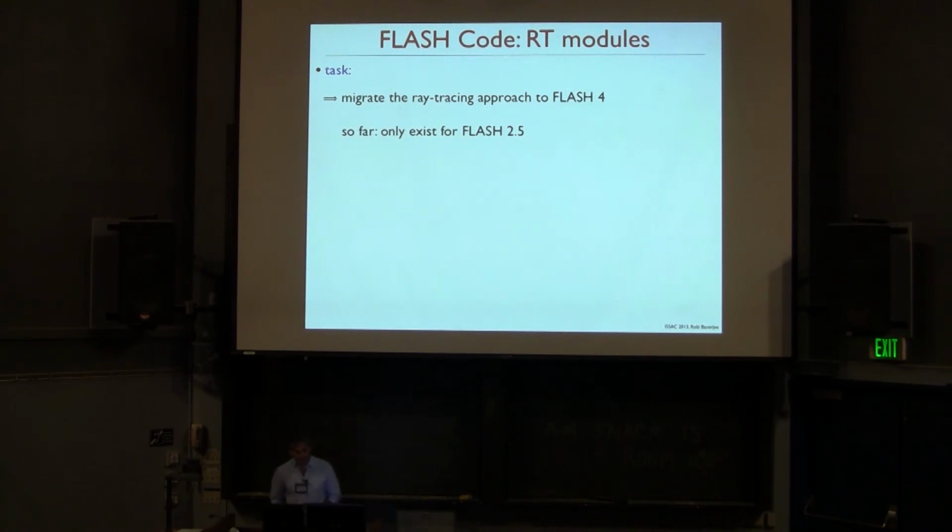That's not too straightforward. But I also, of course, recommend, if you have some time the next days, try the diffusion module also in the Flash code, and get a little bit of feeling in particular about the performance of this multi-group diffusion approach. So thank you.